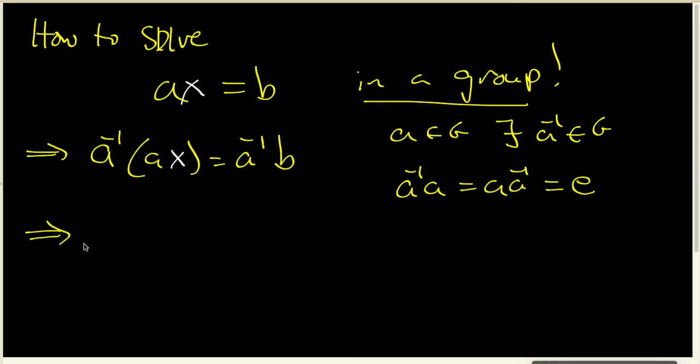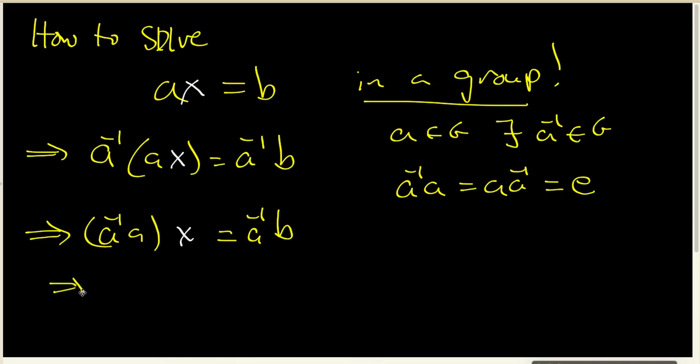Of course, once we have that, things become easy. This is now A inverse A times X, and the other side is equal to A inverse B, whatever that is.